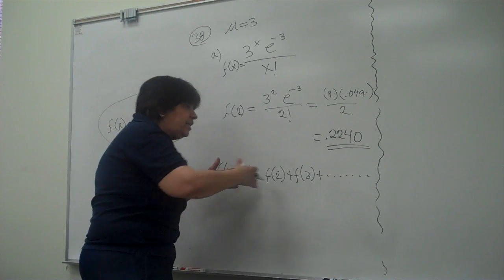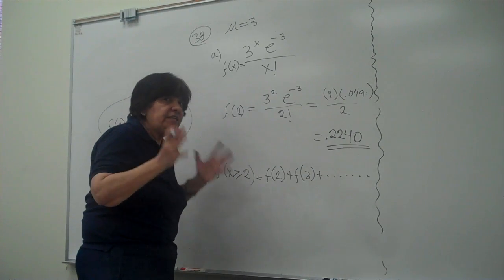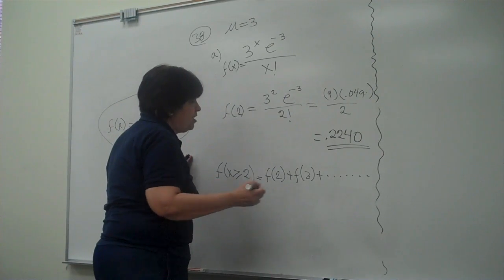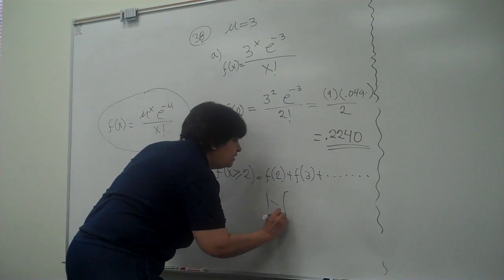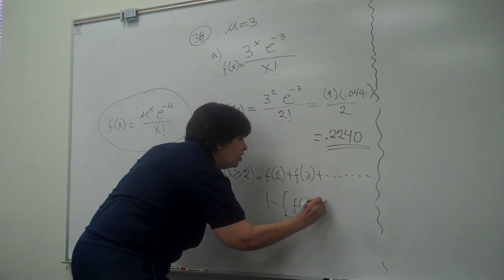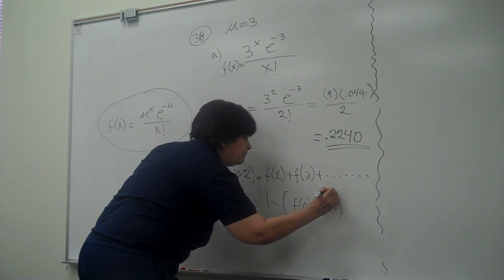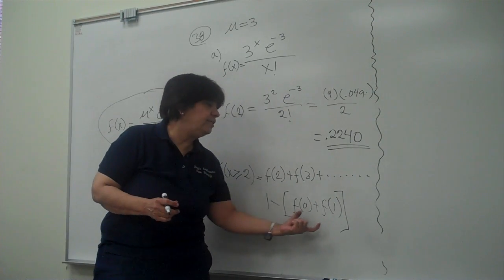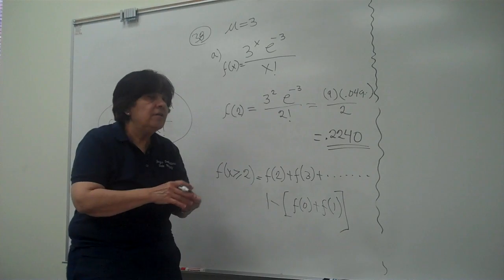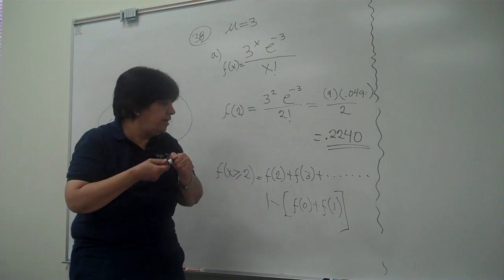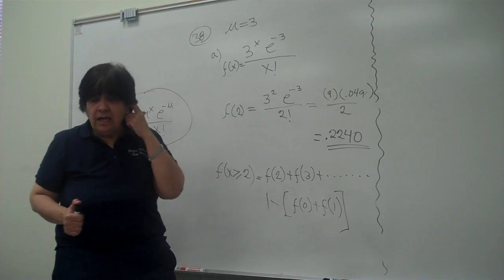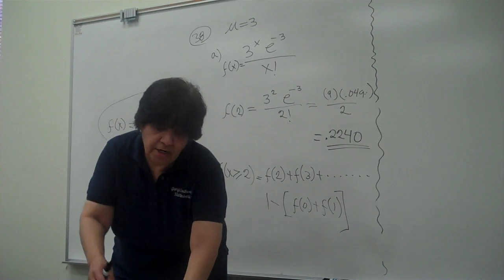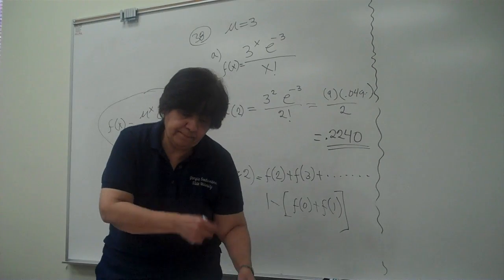Or since everything has to be equal to 1, you can say this is equal to 1 minus the quantity f of 0 plus f of 1. So I only have to add two numbers, and that is the complement, because everything has to be equal to 1.